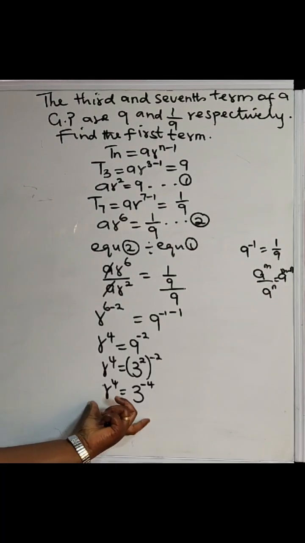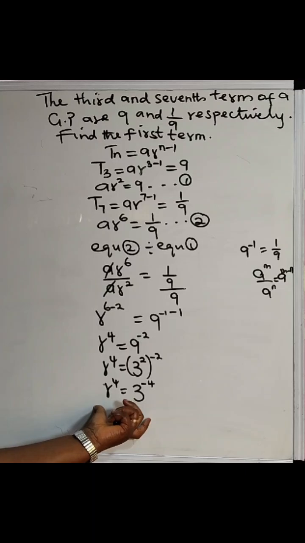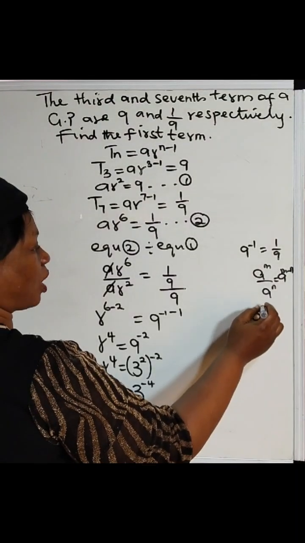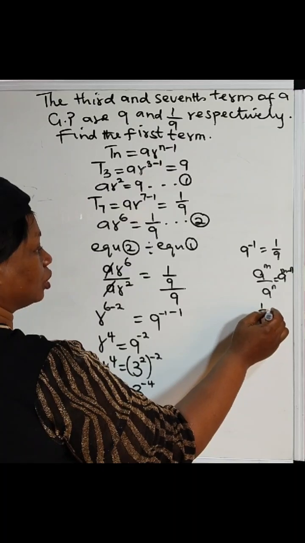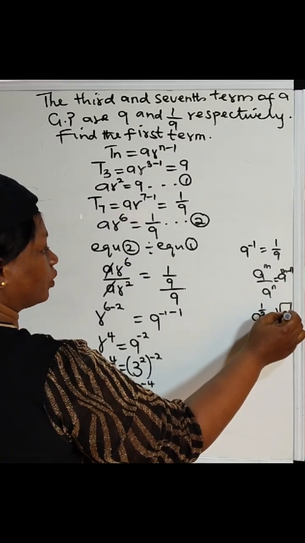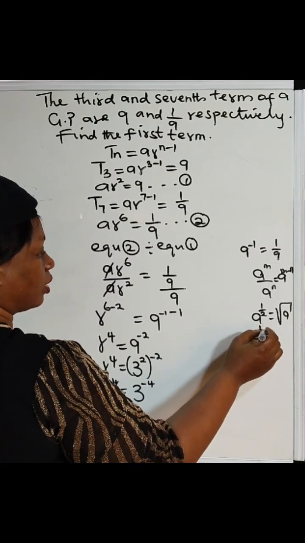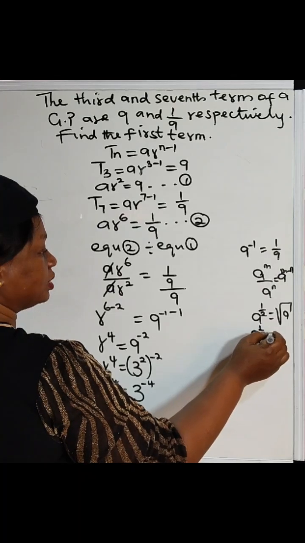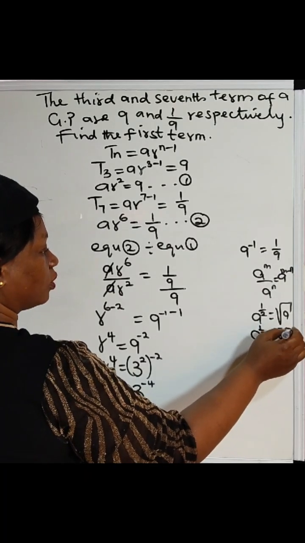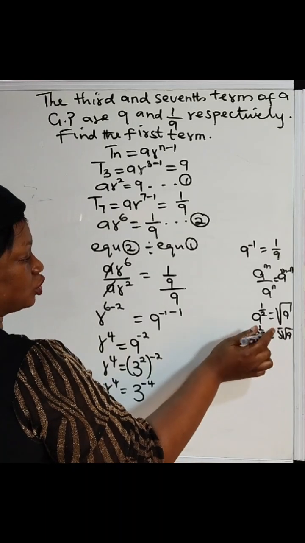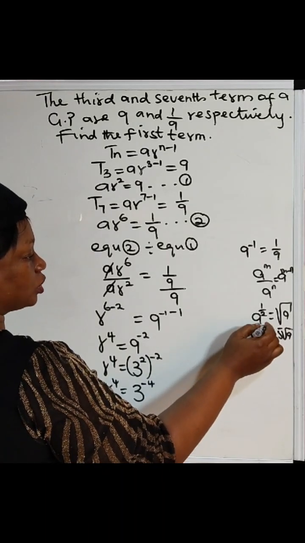Now, we are going to take the fourth root of both sides, or we multiply the powers by 1 over 4. Remember that a raised to power 1 over 2 is the same thing as the square root of a, and a raised to power 1 over 5 is the same thing as the fifth root of a. To remove this power, we multiply the powers.